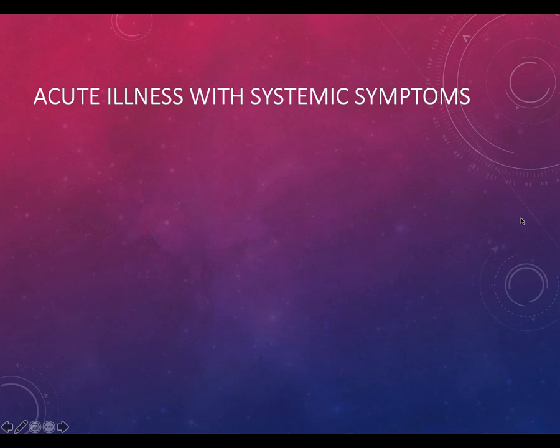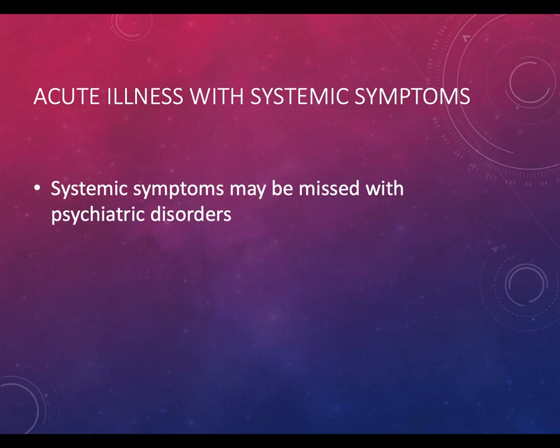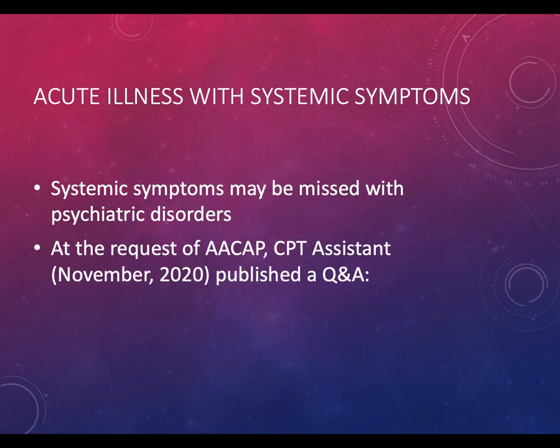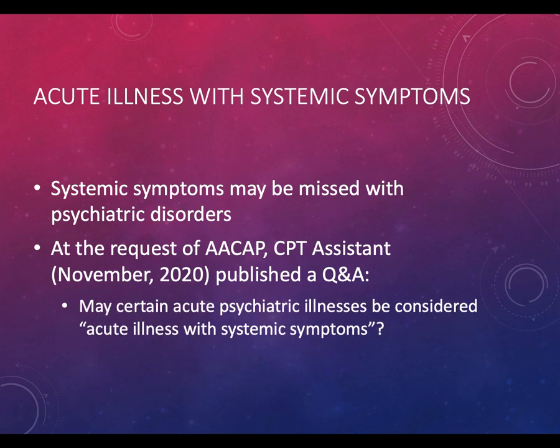Psychiatric disorders are thought to encompass emotional and behavioral problems, and so involvement of other areas of the body might not be considered. ACAP submitted a Q&A to address this issue, and this was published in the November 2020 CPT Assistant. The question was, when determining the complexity of medical decision-making for selection of the level of an office visit evaluation and management code, may certain acute psychiatric illnesses be considered acute illness with systemic symptoms?